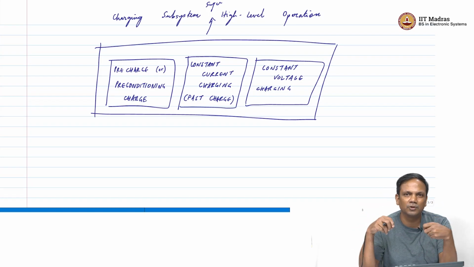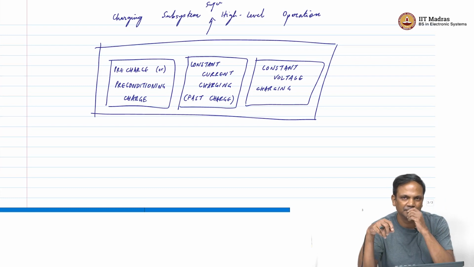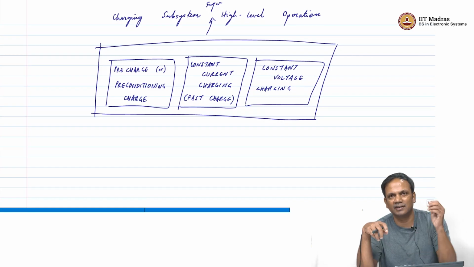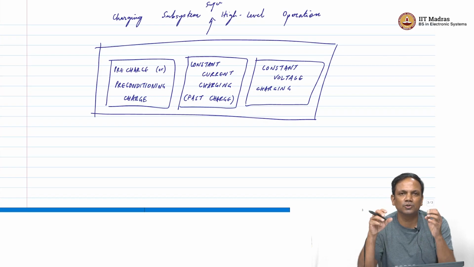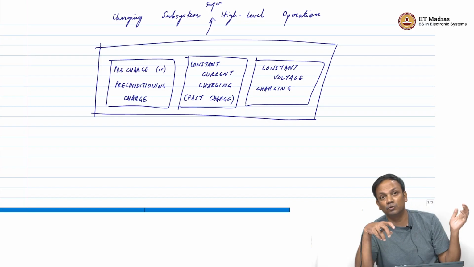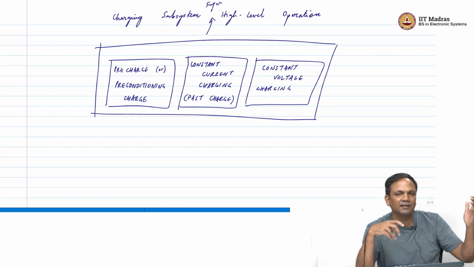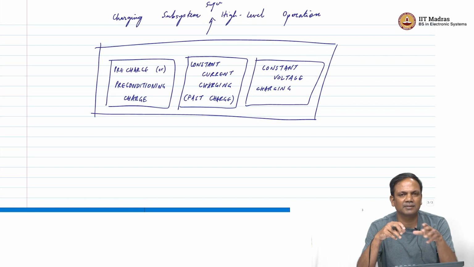So, what happens is you plug, let us say, the adapter cable into your device and then connect it to a wall power supply. It will first go through a step called pre-charge or conditioning charge, where it is ascertaining the state of the battery and waking up the battery to be ready for charging. Depending on the battery voltage, that might happen for very little time. If you haven't used your device for 6 months, 9 months and it's completely drained, it might take some time before it comes out of pre-charge.